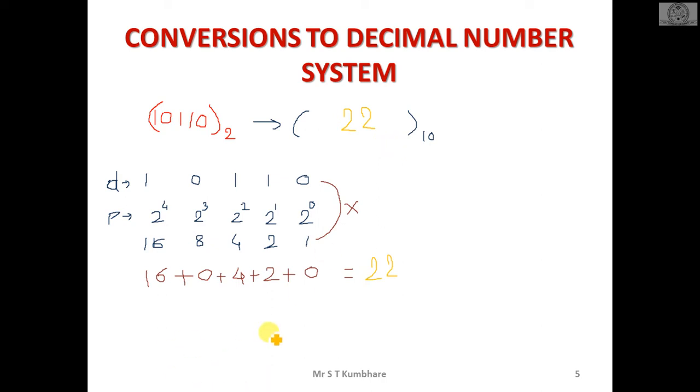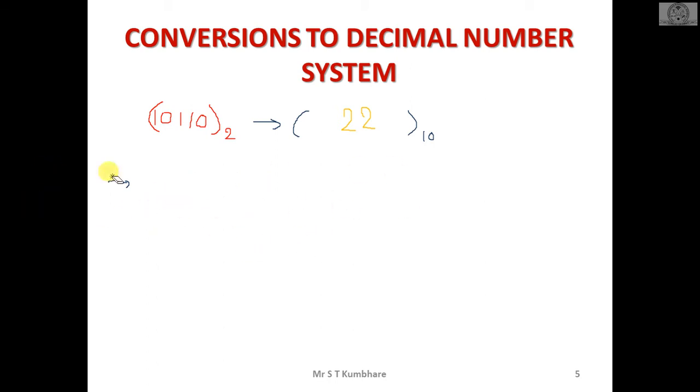Okay, so like this you can find out the decimal equivalent of binary number. Here we have converted binary number into decimal number.